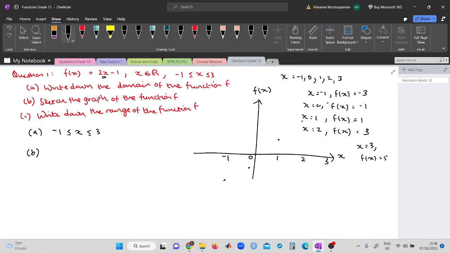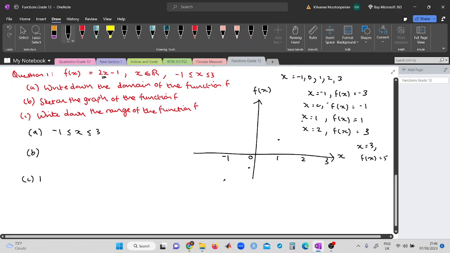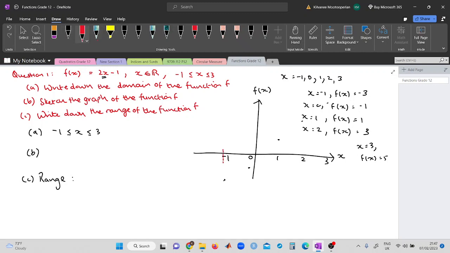Part B is here. Now, how do you find the range? Okay, so it starts at minus 1, if I say it right. Okay, it started here. When does it finish? When x is at 5, it finishes there. So of course, I can join this line. Okay, it's not that straight a line for me.